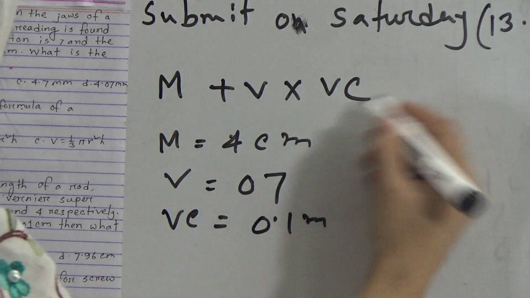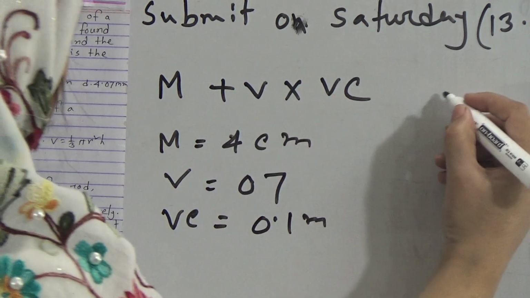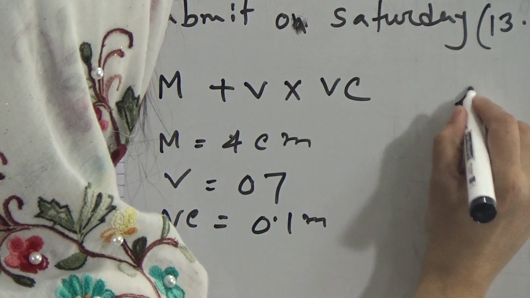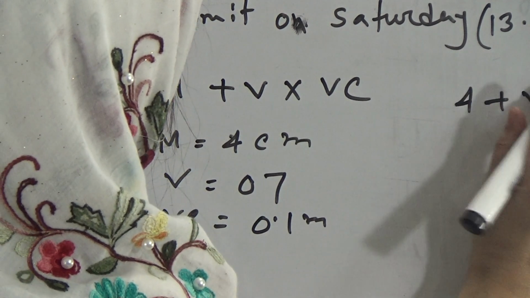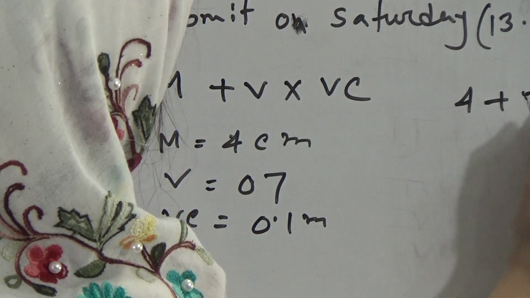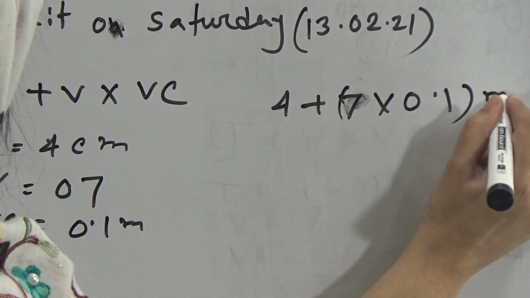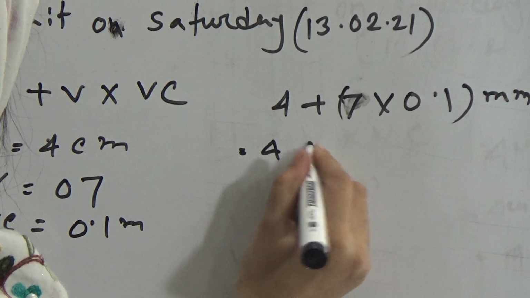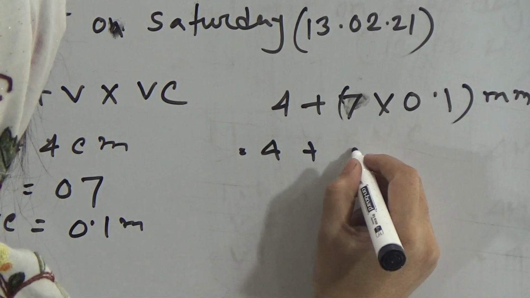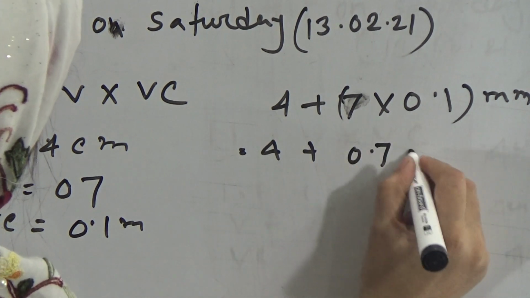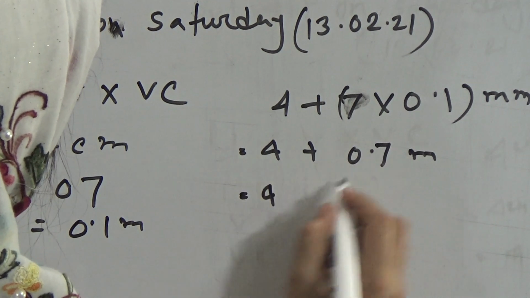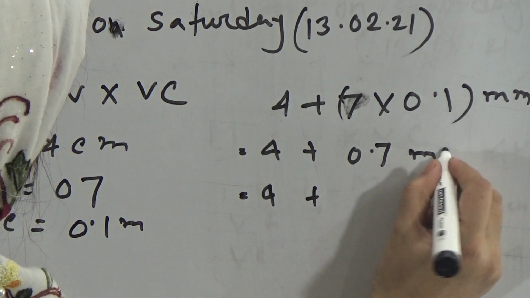Okay, my dear students, now put this value: M 4 plus V means 7 into VC 0.1, this one is millimeter.